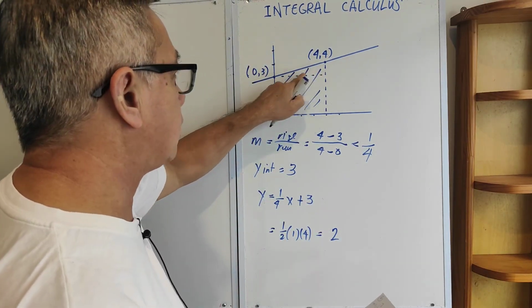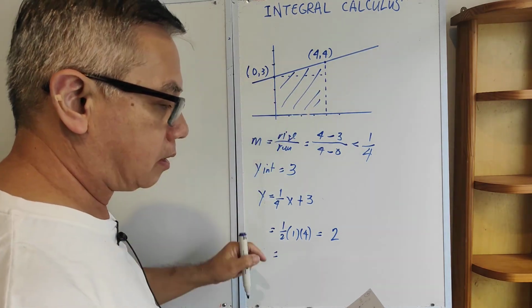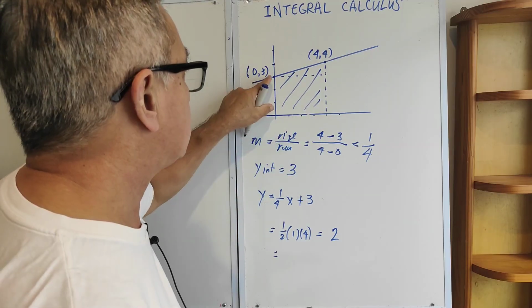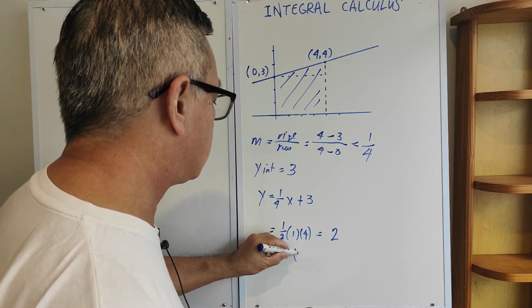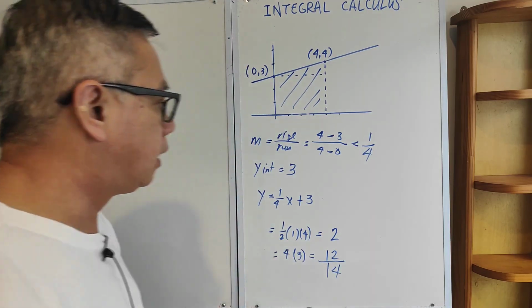So the area of this triangle is 2. Now the area of this rectangle is, this is 4, this is 3, so 4 times 3 is 12. So the total area is 14.